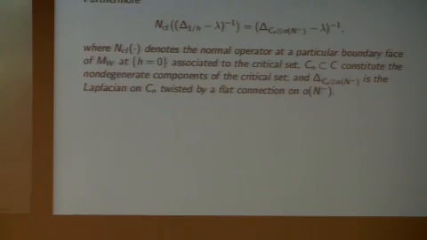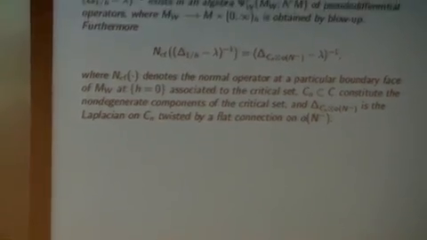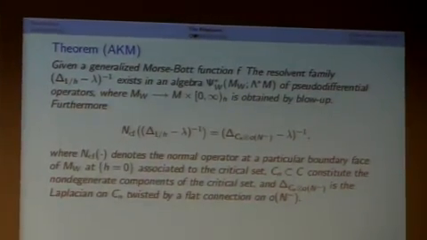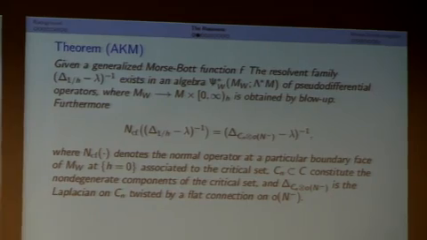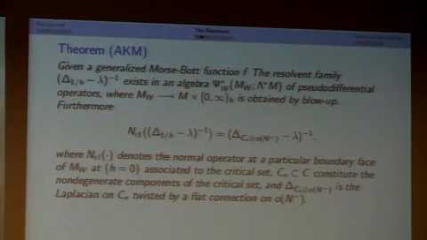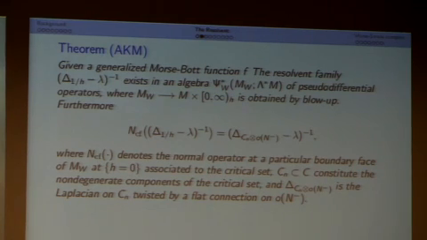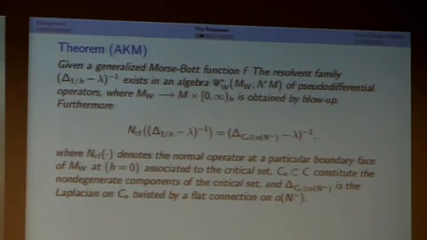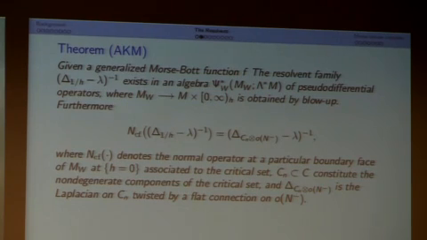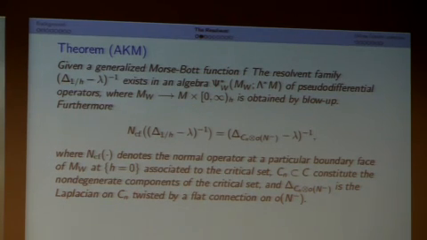Let me be a little more precise in this next slide. We're going to consider a generalized Morse-Bott function. Basically, this is for the analytical convenience of being able to treat the Morse-Bott case and the generalized Morse case together. If you know of a nice application for generalized Morse-Bott functions, we would be happy to hear it.